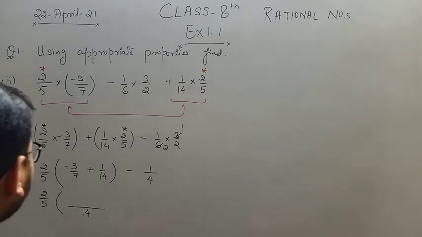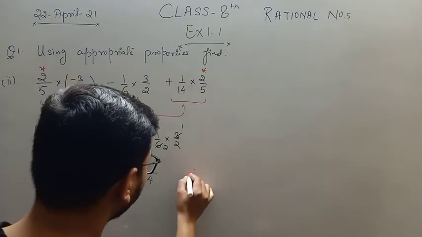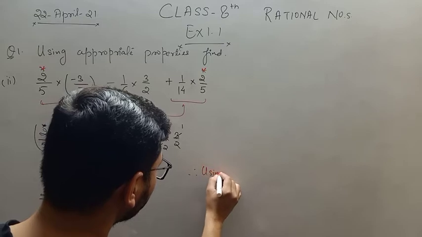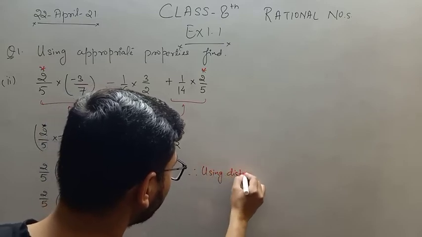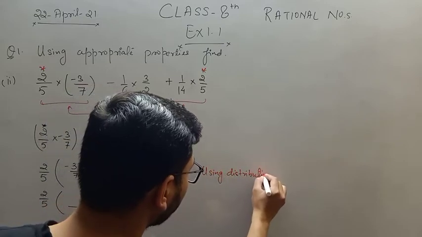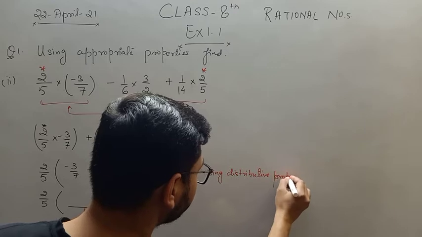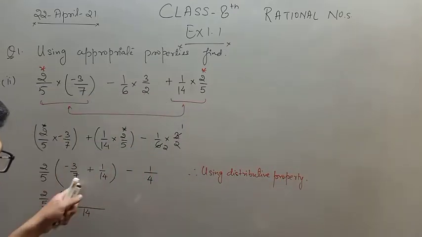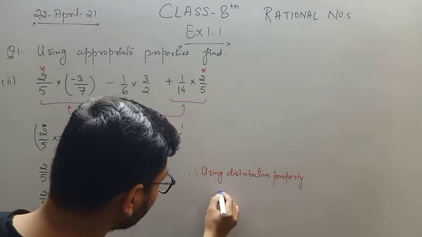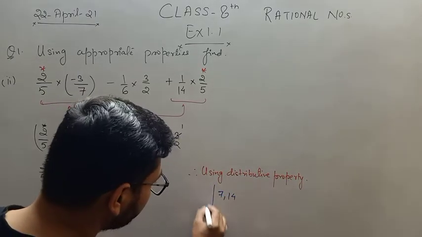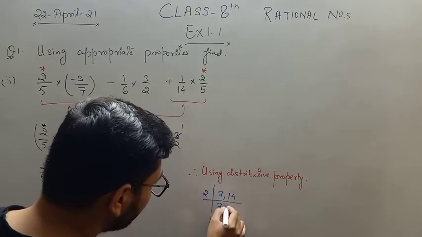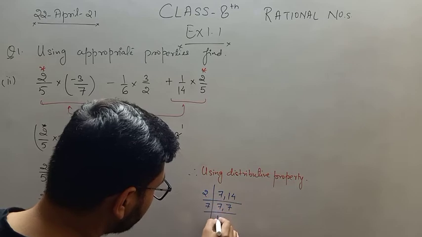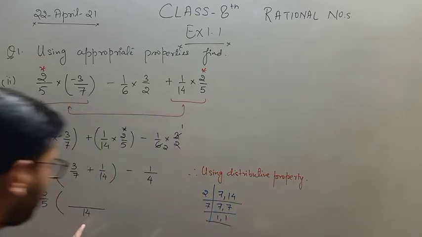How am I doing this? Before this I need to mention that I am using the distributive property. And how to find the LCM of 7 and 14? So the LCM of 7 and 14 will be 2 7s are 14 and 7 1s are 7. So 2 7s are 14.